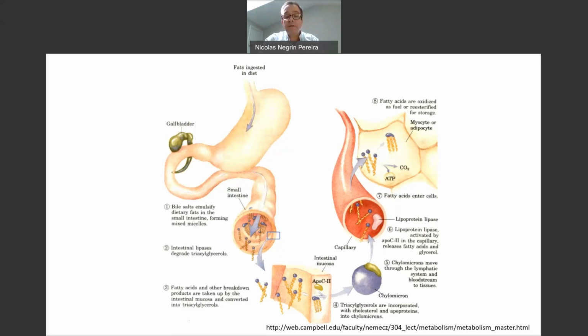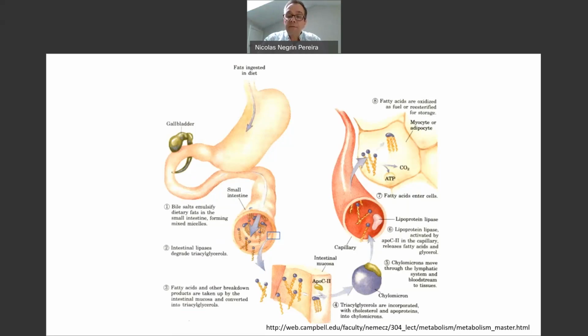And these monoglycerides are going to be re-formed into triacylglycerols, associated with apoproteins, and incorporated with cholesterol, forming the chylomicrons. And these chylomicrons are the way the lipids are going to be transported or circulate in blood. These chylomicrons will move through and get into the lymphatic system, reaching the bloodstream.